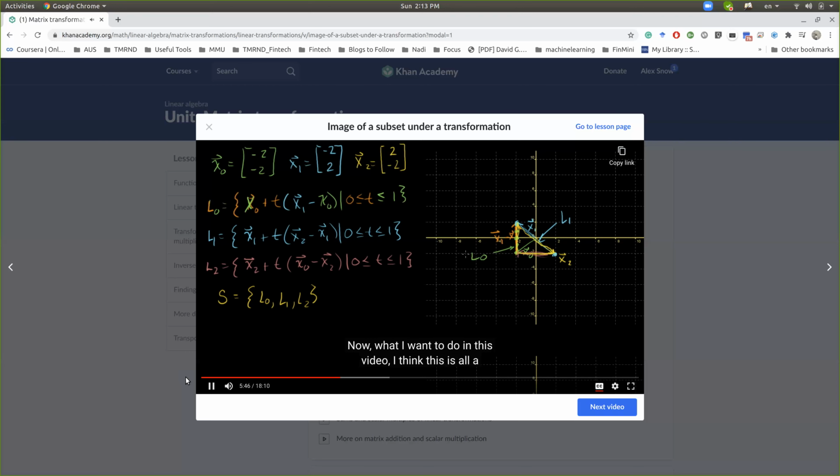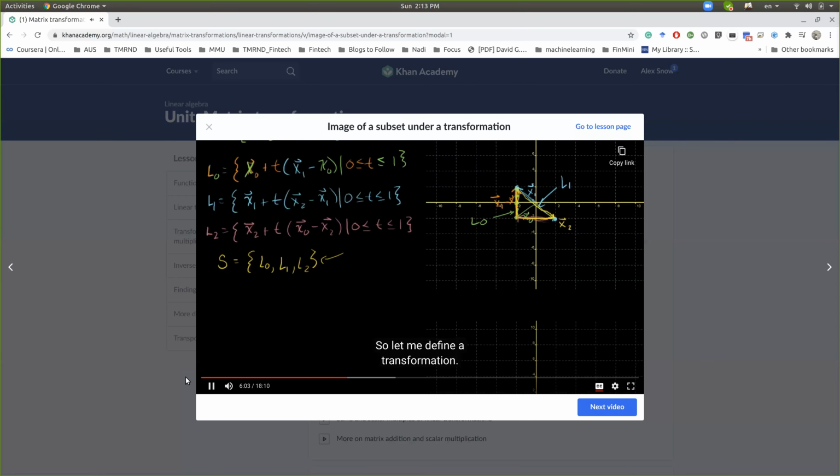Now, what I want to do in this video, I think this is all a bit of a review for you, but it's maybe a different way of looking at things we've done in the past, is I want to understand what happens to this set when I take a linear transformation of it. So let me define a transformation. I'll make it fairly straightforward.